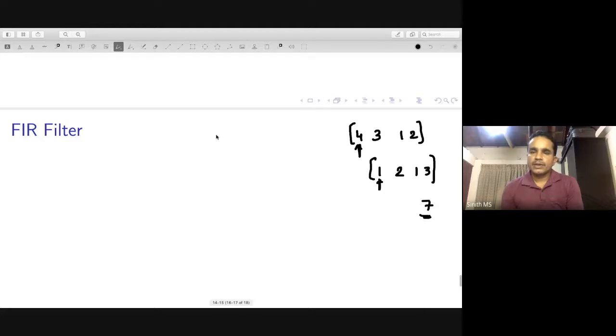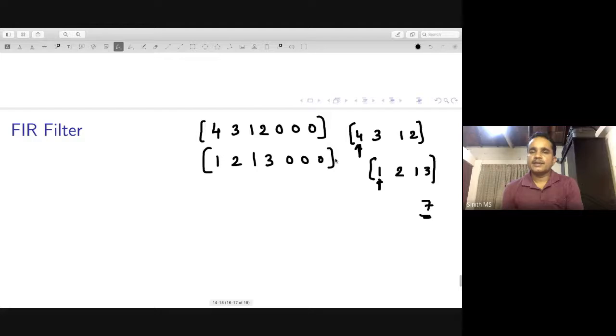So the original signal 4 3 1 2, you add 3 zeros so that the signal doesn't change, but the frame is increased to a size of 7. Similarly, 1 2 1 3, again you add 3 zeros, then again your size becomes 7.